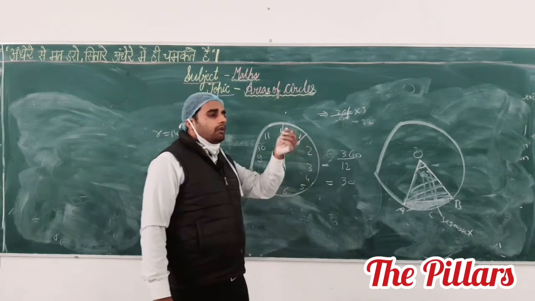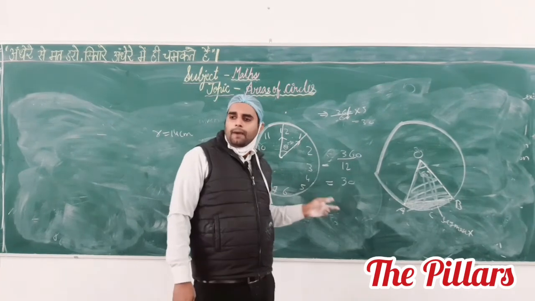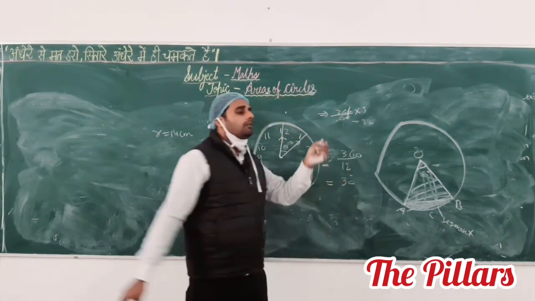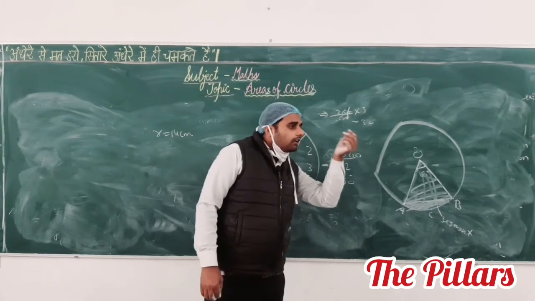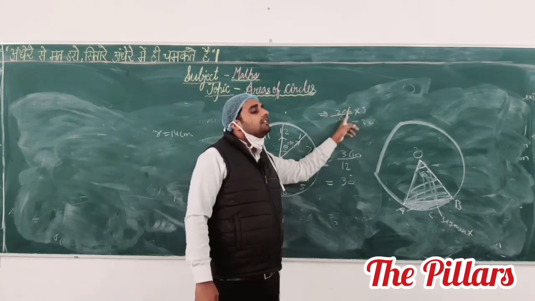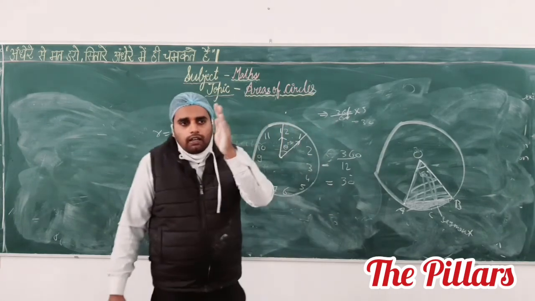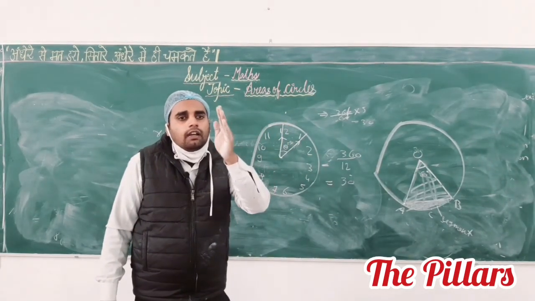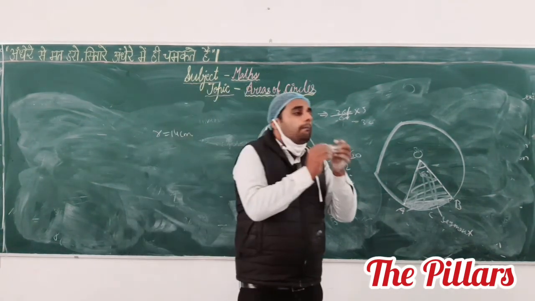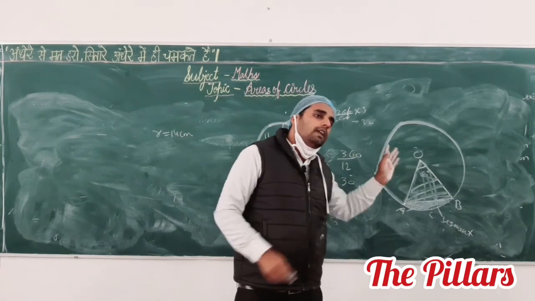If we want to calculate the angle of one part, then total angle divided by the number of parts, it means 360 divided by 12, which equals 30 degree. Otherwise, calculate the theta covered in 1 minute: 360 divided by 60 minutes, it means 6 degree in 1 minute. In 1 minute, the angle made by the minute hand from its initial position is 6 degree. Then in 5 minutes, 30 degree.